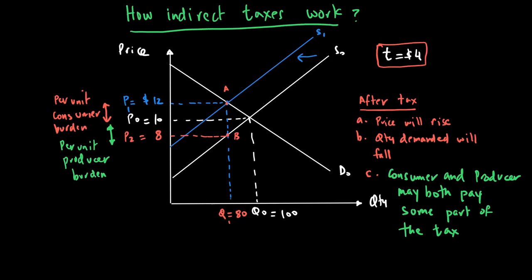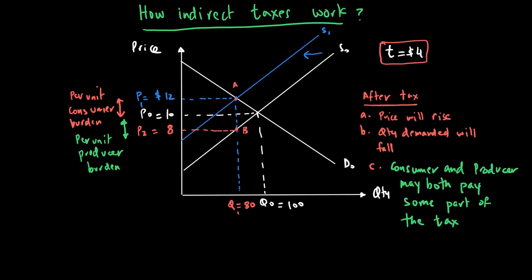Right? Now, the first thing that we want to look at is the effect of an indirect tax in terms of consumer surplus and producer surplus, and in terms of consumer welfare and producer welfare. For that, let's label each region with a number. Let's call this 1, this area 2, 3, 4, 5, and 6.